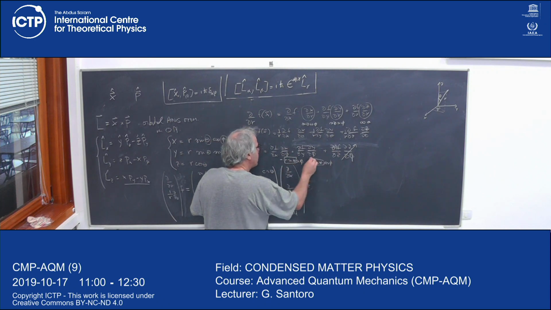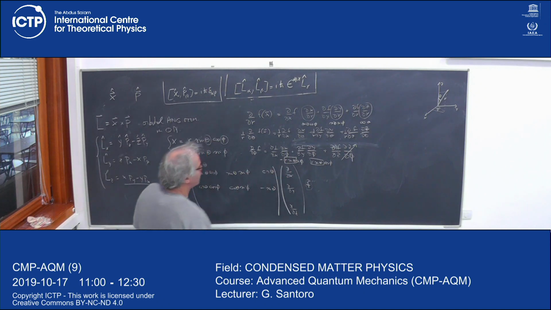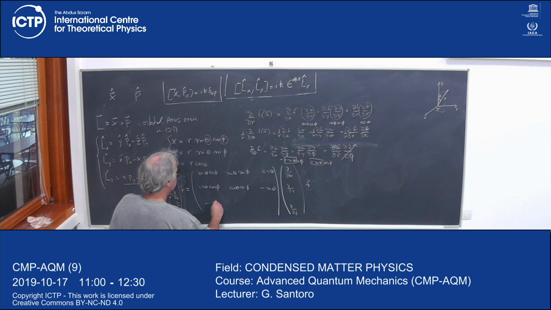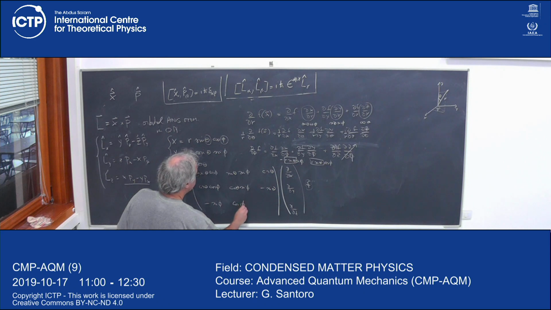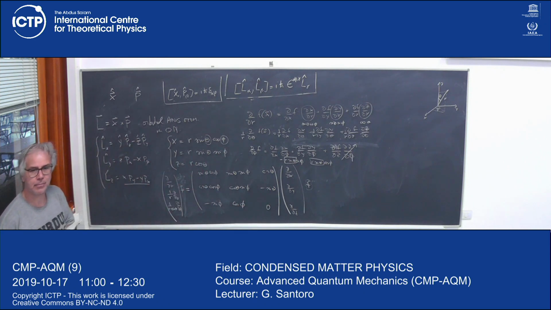Yeah. Okay, so let's do 1 over r sine theta, the derivative with respect to phi of any function, according to what I've written there, is minus sine phi, cos phi, and 0. Do we agree on this? Okay?